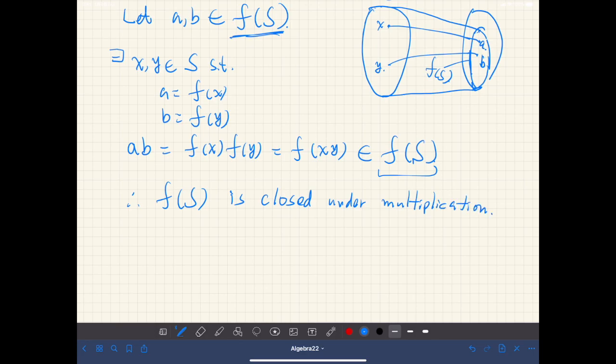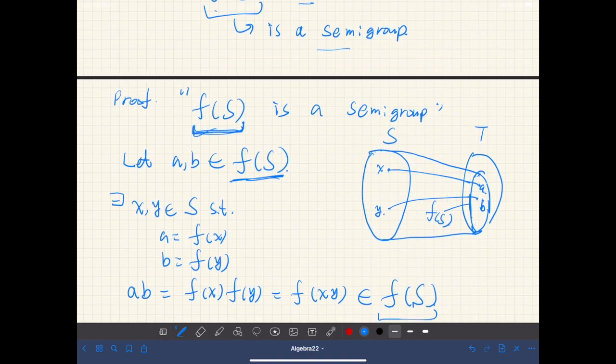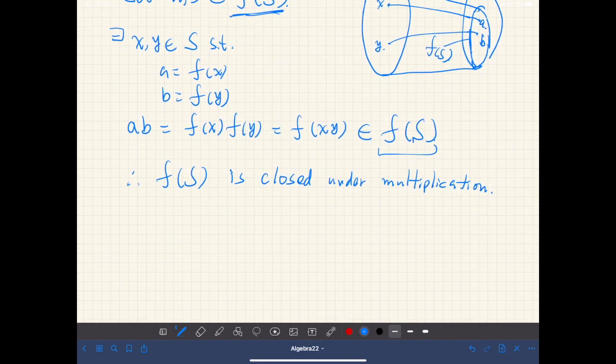And also we need to check that the multiplication is associative, but since T is a semigroup, the multiplication within F of S is also associative.